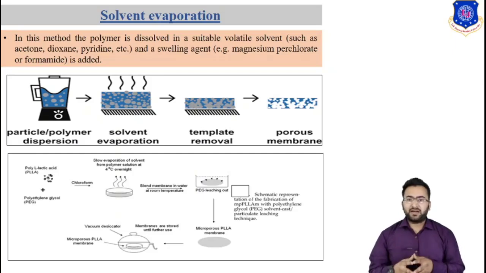When the solution is cast and the solvent is allowed to evaporate, it results in an increase in concentration of polymer at the solution-air interface. Since the solvent evaporates more rapidly from the surface, this results in formation of a skin layer in an asymmetric membrane, a phenomenon similar to case hardening in rapid drying of a wet solid.